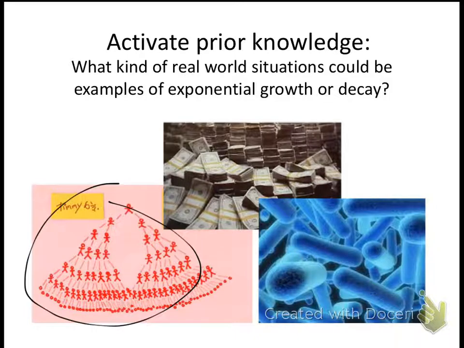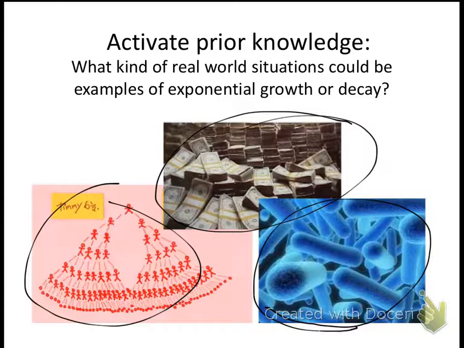The other thing that can grow exponentially or decay exponentially, lots of times finances have a lot to do with growth and decay. Interest. And then the last super common one is science, bacteria. Bacteria has an awesome track record of exponential growth. Okay, so that's why people get sick so easily, is because it's growing pretty rapidly.